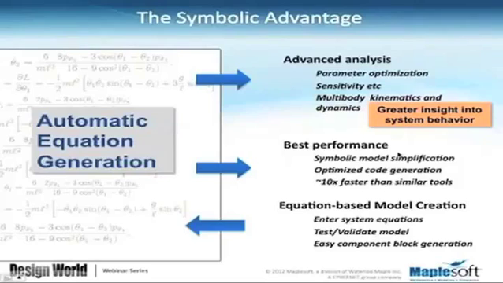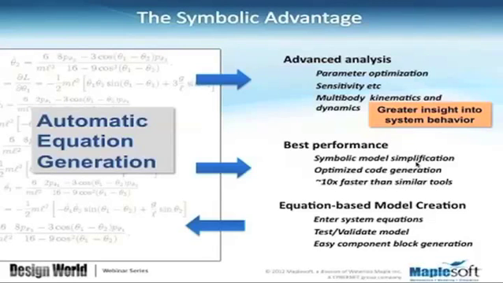And the main advantage that we bring to the whole model-based development world is the fact that under the hood, we are generating equations. So the models that you create define equations, and they are automatically generated under the hood, which allows us to produce very concise representations of the system models.